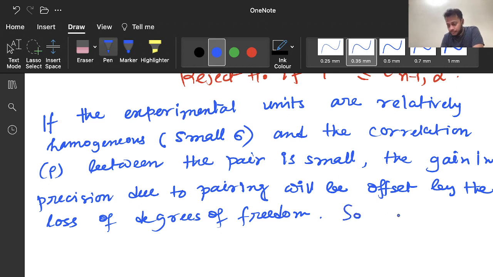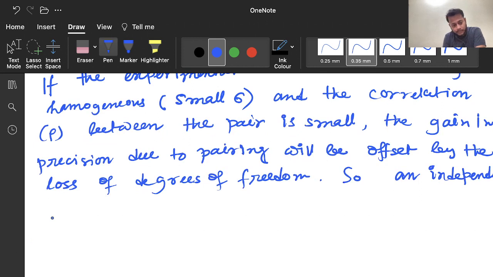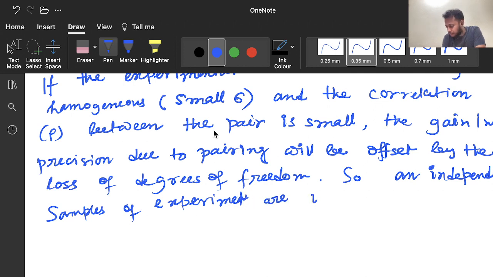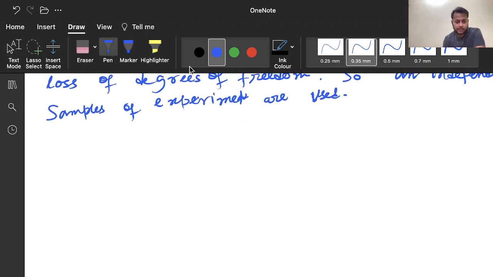So independent samples of experiment should be used to test.